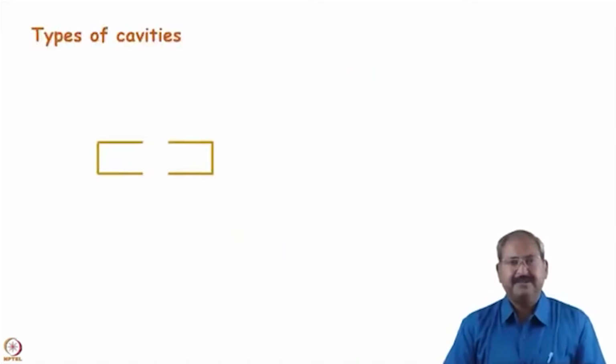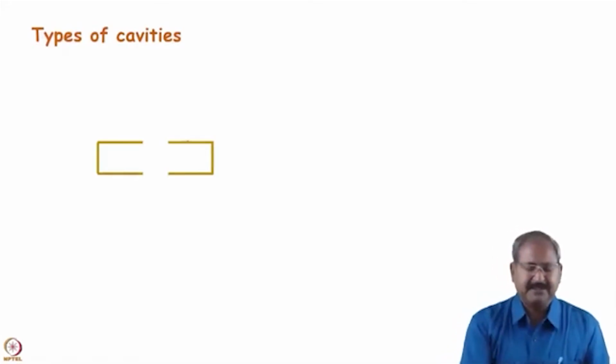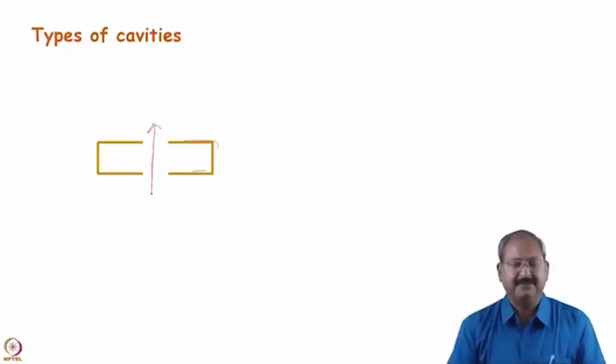Now we have obtained our formulation, and one parameter in our formulation was F. At that time we said that the position of the cathode inside the cavity dictates the value of F. Now we see how. Suppose this is a cavity and this gap is for the particle traversing through the RF cavity.